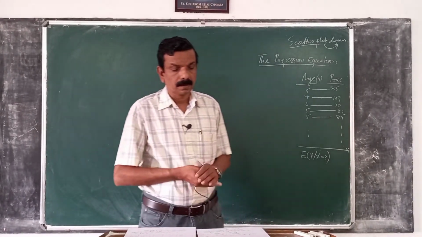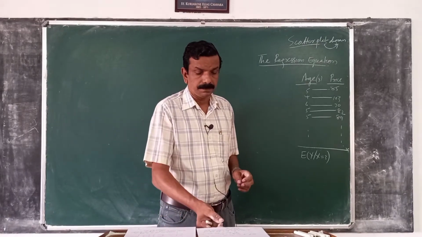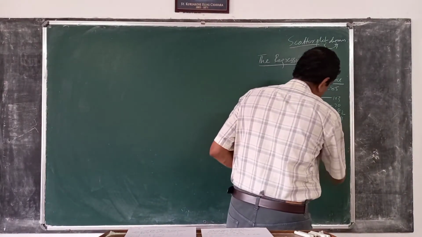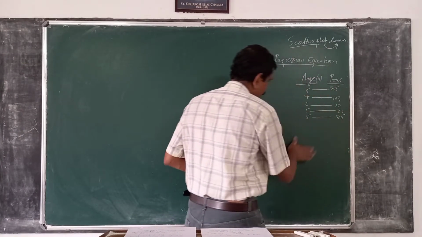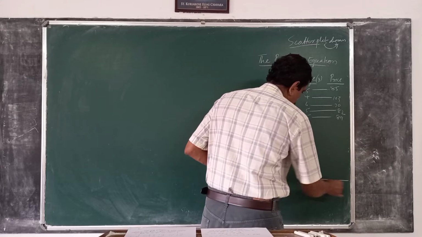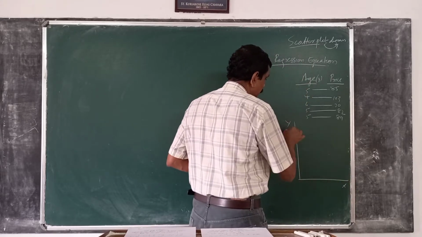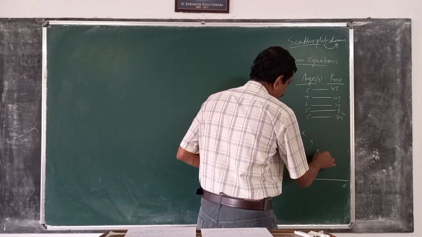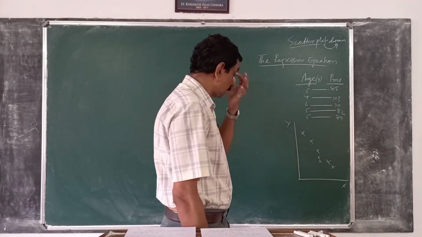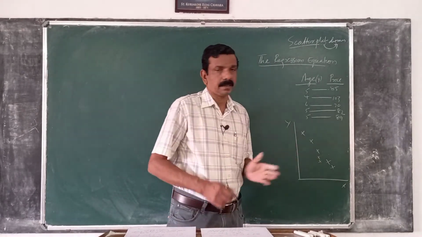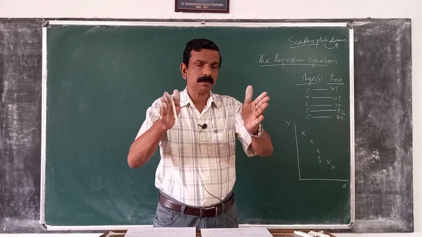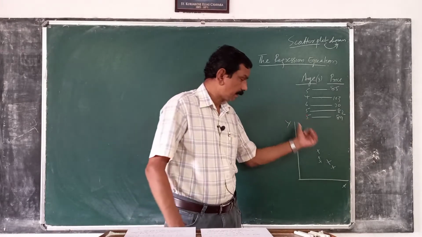Now, if you plot these observations as a scatter plot, x and y, you will get scatter plots like this. The points will not lie on a straight line, but they appear to cluster around a line.